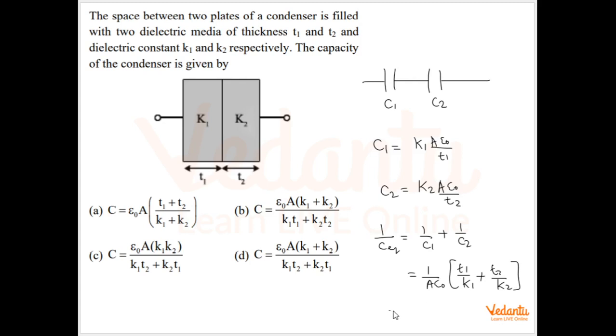Now, if you do a little bit of mathematics here, this will be 1 by A epsilon naught into T1 K2 plus T2 K1 divided by K1 K2. So C equivalent will be A epsilon naught into K1 K2 divided by T1 K2 plus T2 K1.